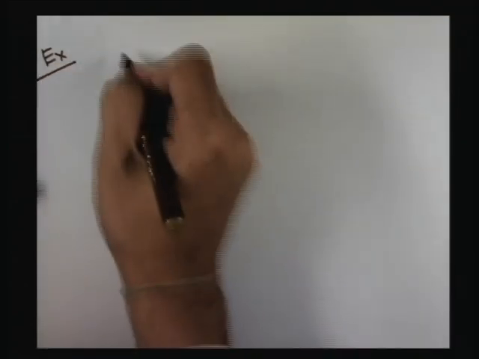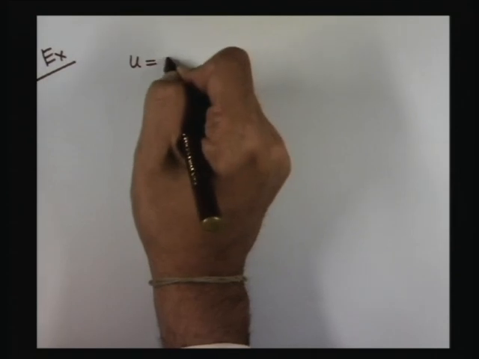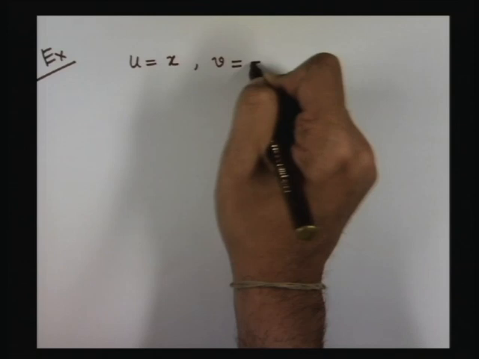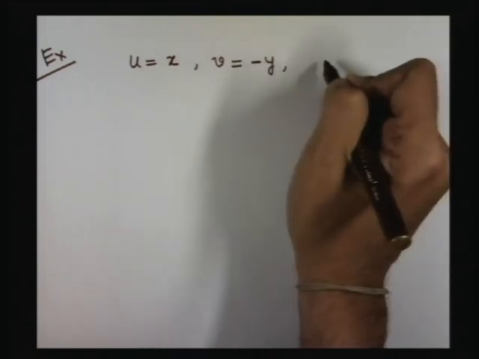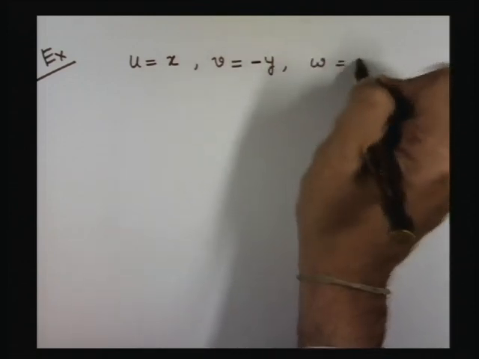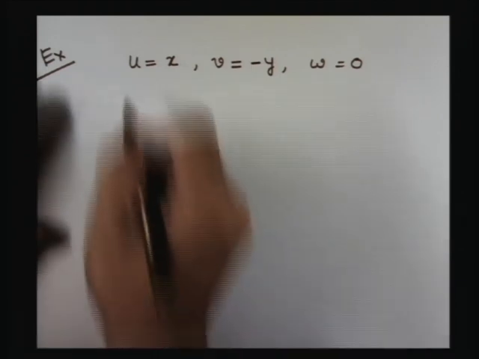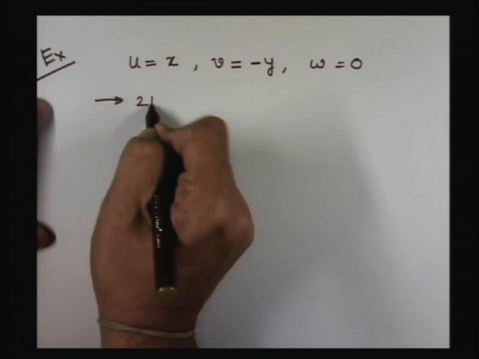Let us say that in consistent units, U equal to x, V is equal to minus y, W equal to 0. First question, is it a 1-dimensional, 2-dimensional, or 3-dimensional velocity field? It is a 2-dimensional velocity field.